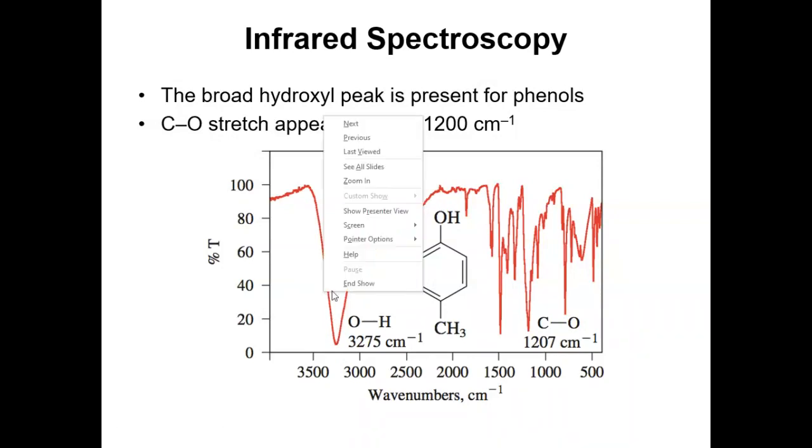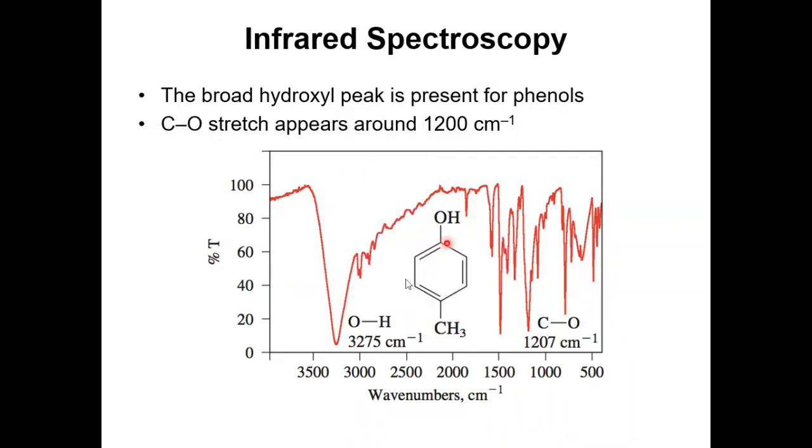So if you're talking about the infrared signature of the OH group of phenol and alcohol, they are the same. But one major difference between phenol and alcohol is the CO bond. In alcohol, you have an sp3 carbon oxygen, and in phenol, you have an sp2 carbon oxygen.